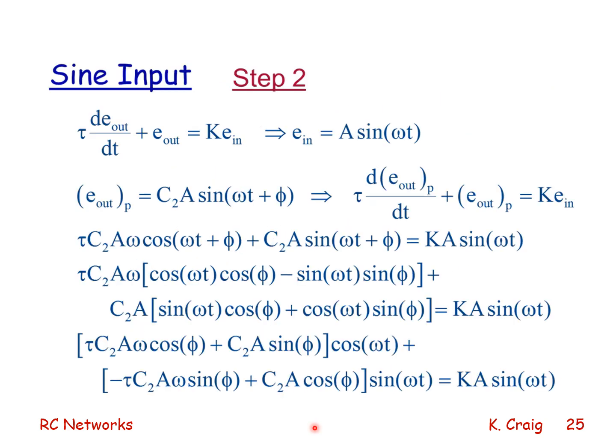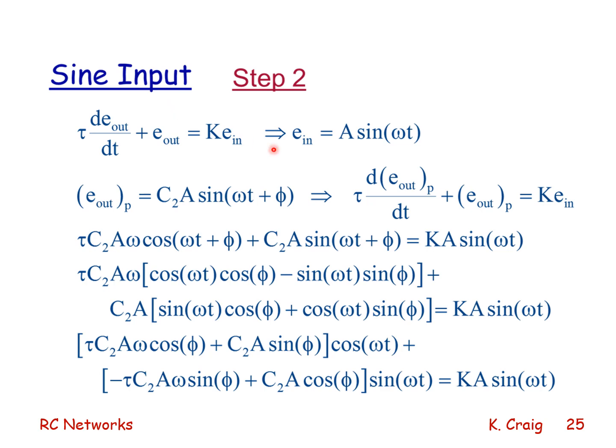If I now consider the input to my first order dynamic system to be a sine wave, then the result is what we call frequency response. And the plots that we obtain are called Bode plots.